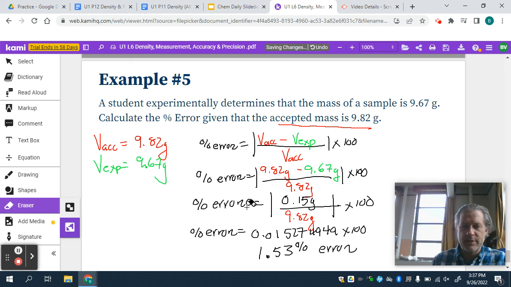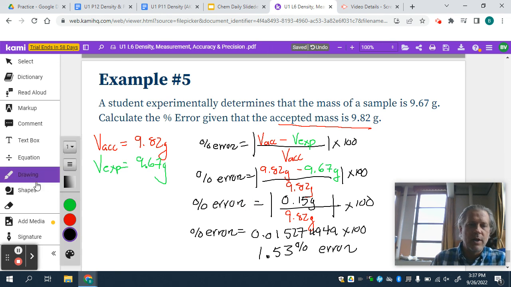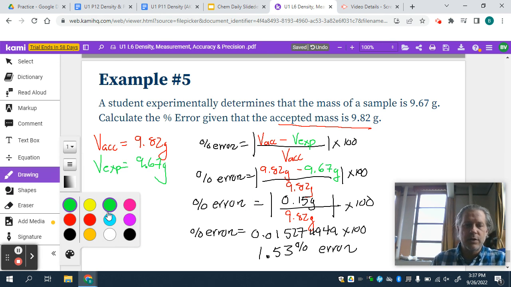Now, the other thing that I want to say about percent error is that the closer to zero you are, the more accurate you were in the lab.